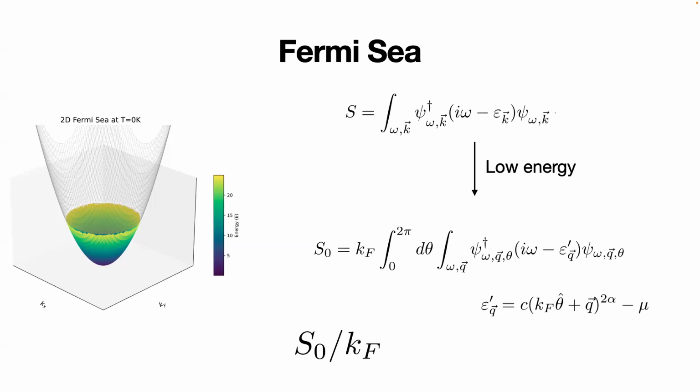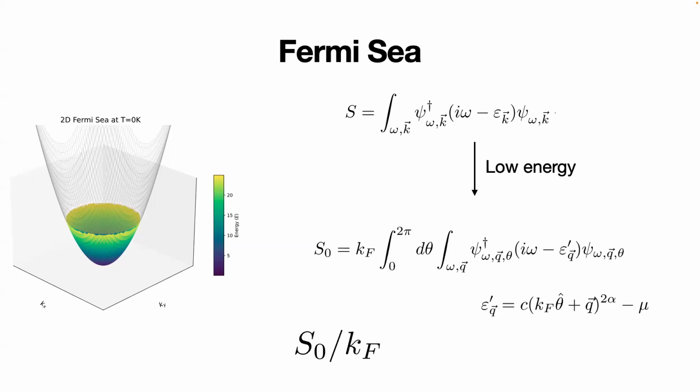And the integration measure now becomes the volume of the Fermi surface, or the volume of the zero energy phase space. That's proportional to kF. We notice this action is not scale invariant due to this non-trivial volume of the zero energy space. Of course, we also expand the dispersion around the Fermi surface.